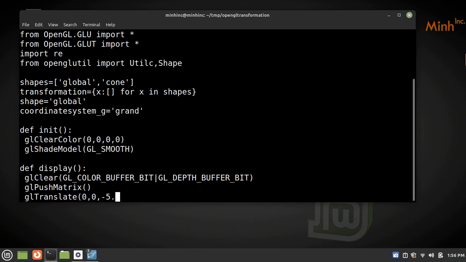At the beginning only we will translate to -5. glPushMatrix, glTranslate. I cannot do formatting or indentation here. It is Python, so we are bound to the way Python wants.